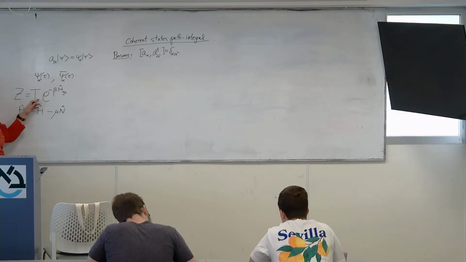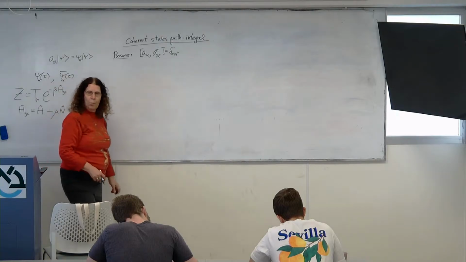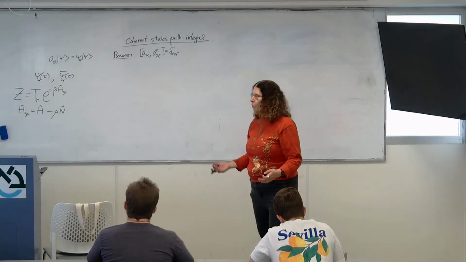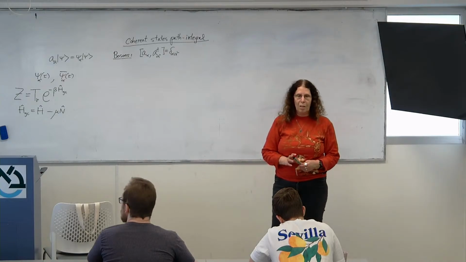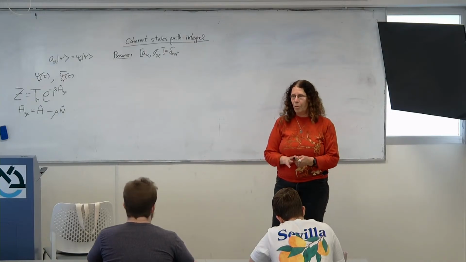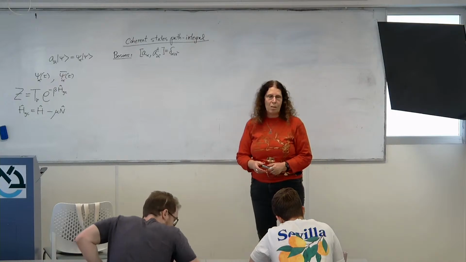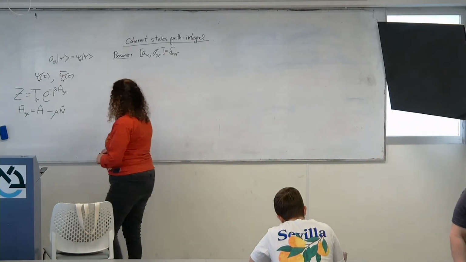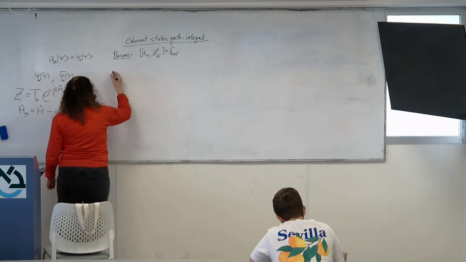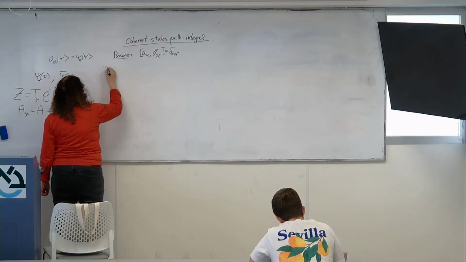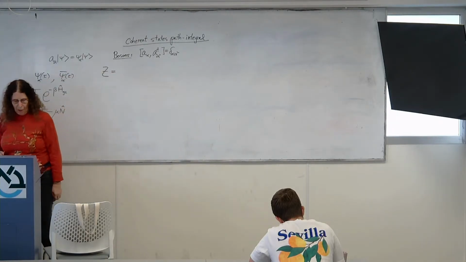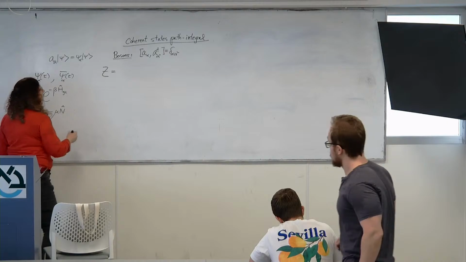This is in a grand canonical ensemble, which is more convenient for a field theoretic description of particles because particle number is not necessarily conserved. So let me write down what we got last week. That's how we ended the lecture.